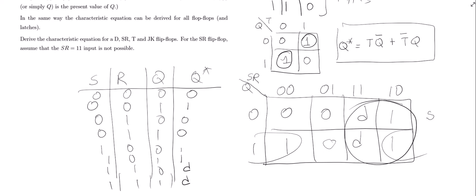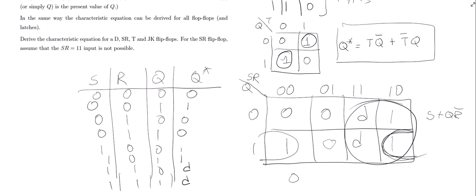But R can be anything, so that's not going to be part of it. And Q can be anything, so that's not going to be part of it. So this circle is just represented by S. Now, with this circle right here, what these have in common is both of these squares have Q equal to 1 and R equal to 0. So this would be Q R bar.